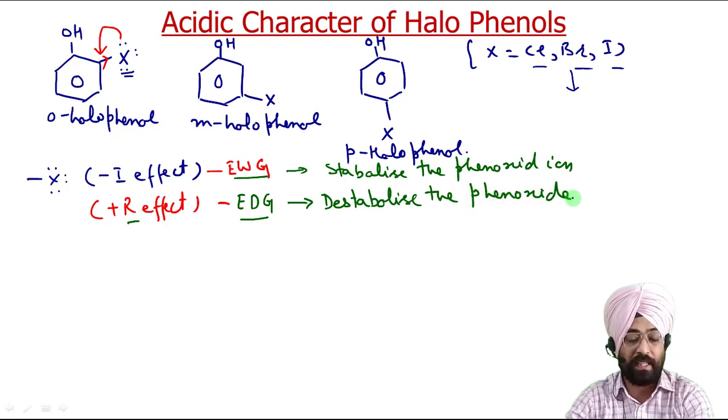As I have already discussed, any factor that stabilizes the phenoxide ion will increase the acidity, whereas the factors which destabilize the phenoxide ion will decrease the acidity.